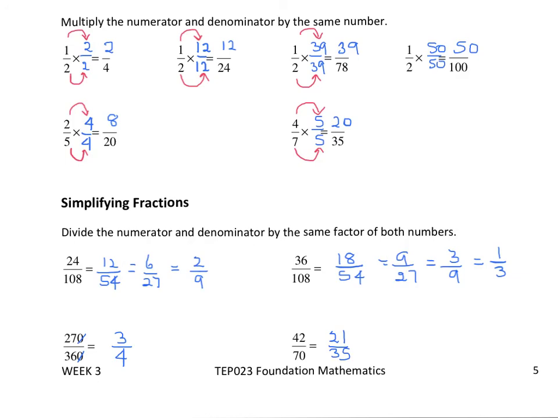You might now be able to see that both 21 and 35 have a common factor of 7. 7 divides into 21 3 times, and into 35 5 times. So we've simplified 42 out of 70 to 3/5.